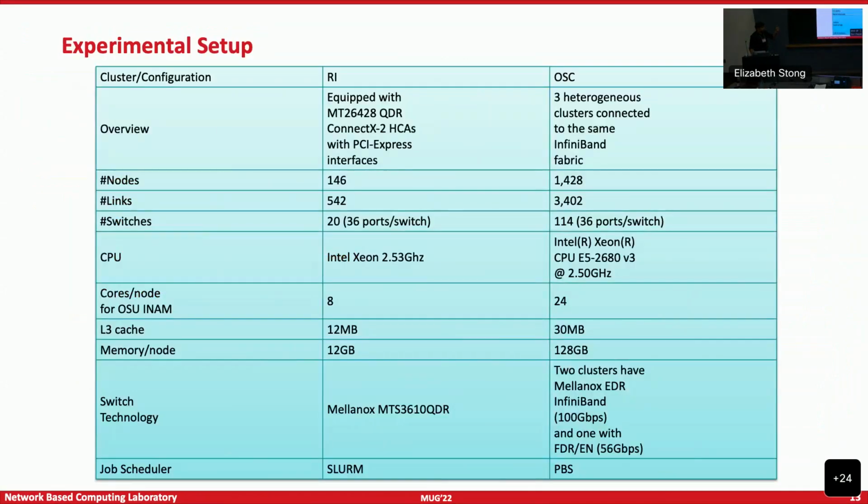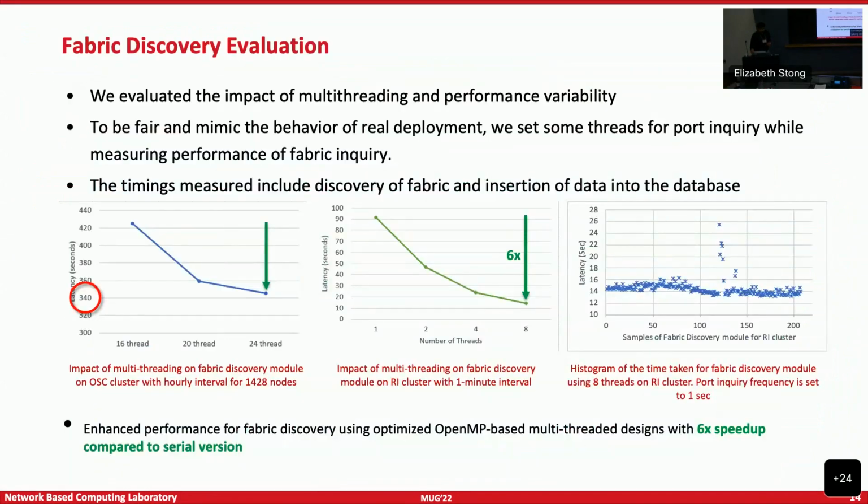Again, as I was talking about LDMS, the problem is overhead, right? We want to see how much overhead there is, and if we can minimize that and have little or no perturbance on the entire system because OSU INAM is running. Here we look at the overall overhead for fabric discovery.